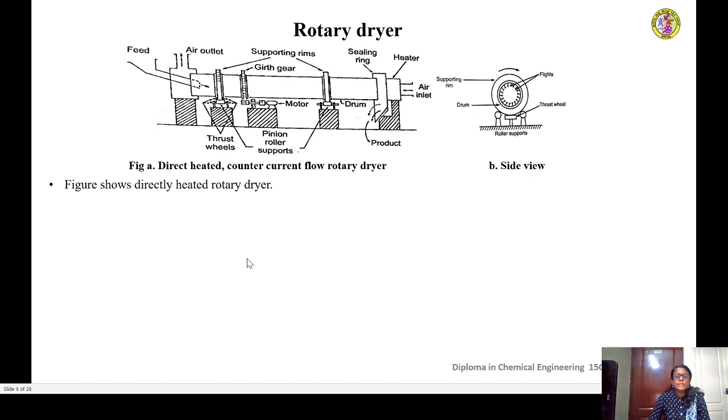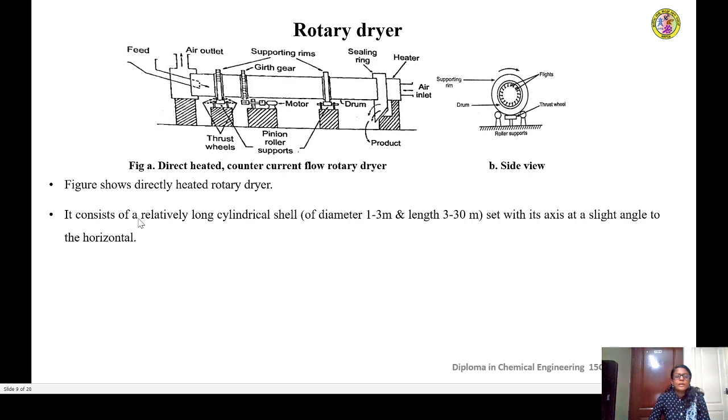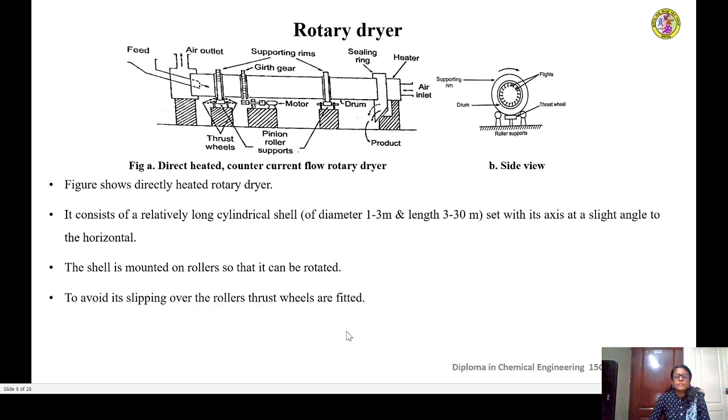Figure shows directly heated rotary dryer, and it consists of a long cylindrical shell of about 1 to 3 meter diameter and 3 to 30 meter length, set with its axis at slight angle to the horizontal. The shell is mounted on rollers so that it can be rotated. To avoid it slipping over the rollers, thrust wheels are fitted, so as it is shown in the diagram.